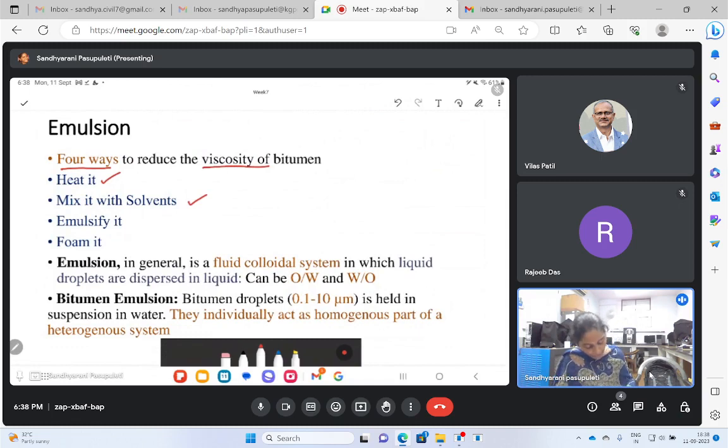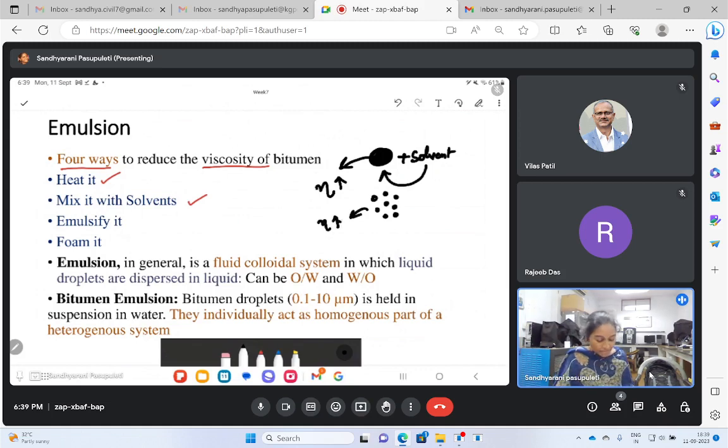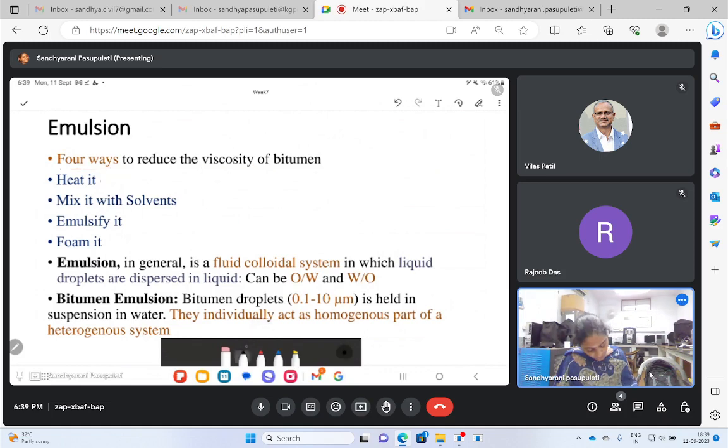If I have a bitumen and I add some solvent, this solvent is going to dissolve the bitumen into small particles. The bigger bitumen will have higher viscosity. So as the size decreases, the viscosity will be reduced.